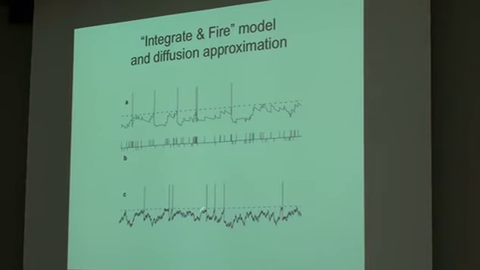So, given that it's a fairly good approximation in the cortex to assume that you have a large number of tiny inputs that are required for the neuron to reach this threshold and emit an action potential, basically you can do what is called the diffusion approximation to this model.